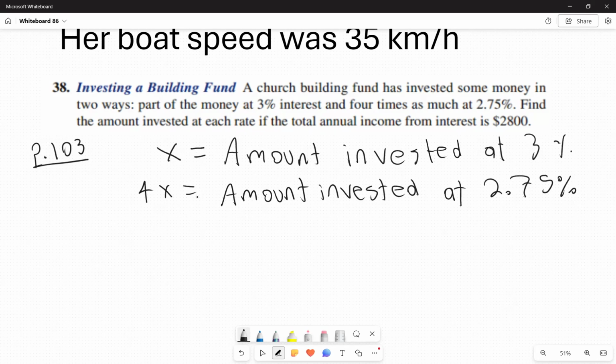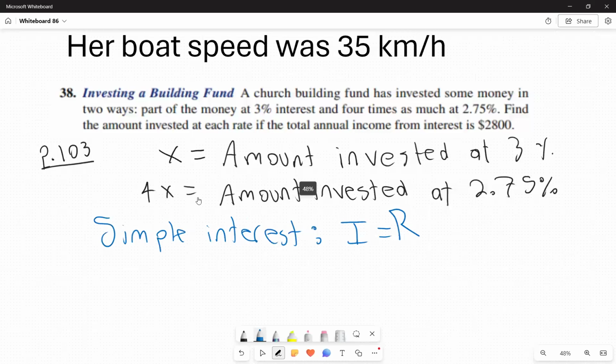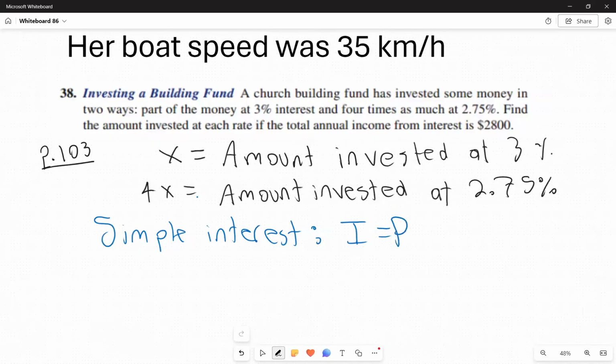So remember the simple interest formula. I equals PRT, where P is the principal, R is the interest rate, and T is the number of years.